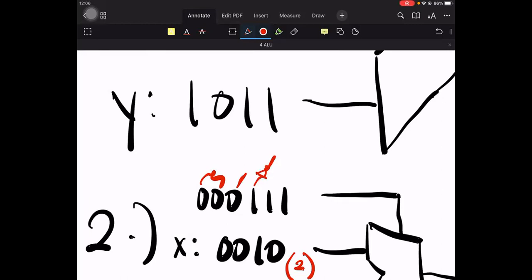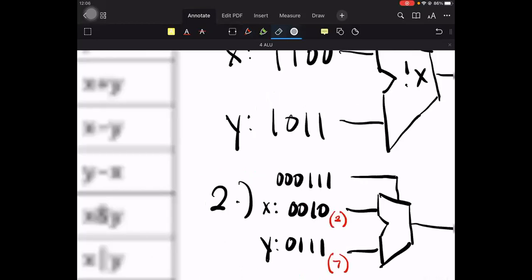This is a summation, a sum operation, and another inverse.